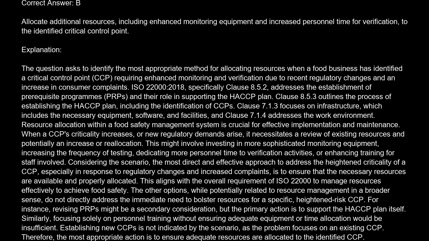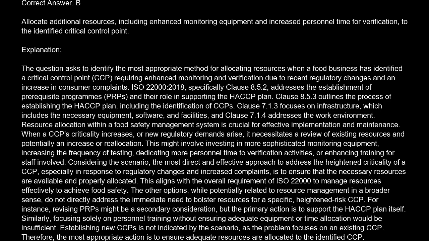Considering the scenario, the most direct and effective approach to address the heightened criticality of a CCP, especially in response to regulatory changes and increased complaints, is to ensure that the necessary resources are available and properly allocated. This aligns with the overall requirement of ISO 22000 to manage resources effectively to achieve food safety.